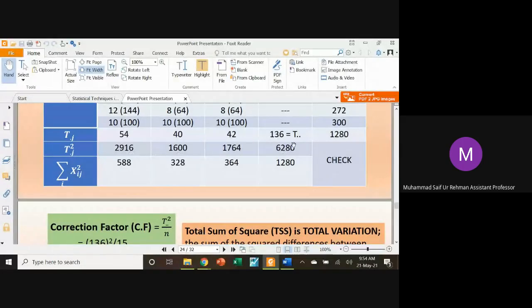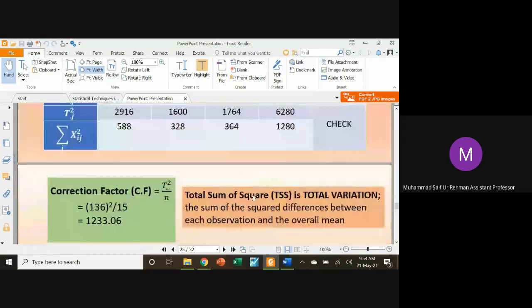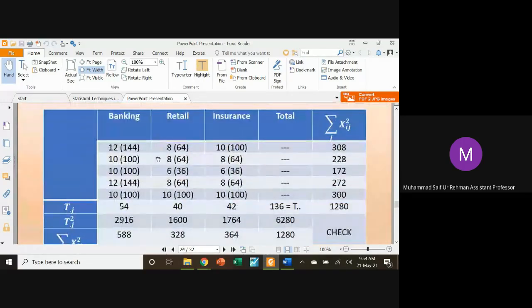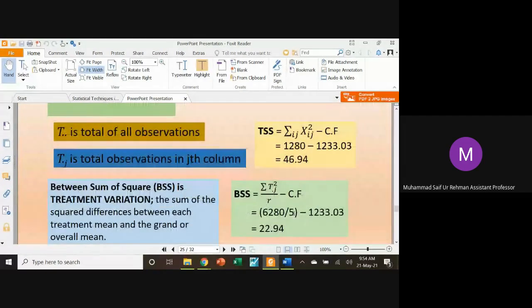You have already added these values. So summation T dot J square is 6280, and R means number of rows. So number of rows are 1, 2, 3, 4, 5. 5 rows are there. So simply write down 5, and then when you divide it and subtract this correction factor from this, you will have this value.